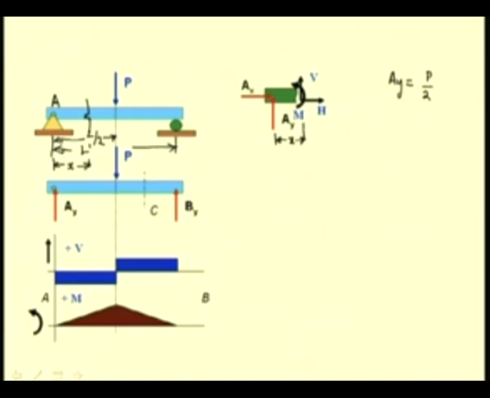For equilibrium of this section, we can equate the forces to be 0 and moment to be 0 to find this shear force and bending moment.